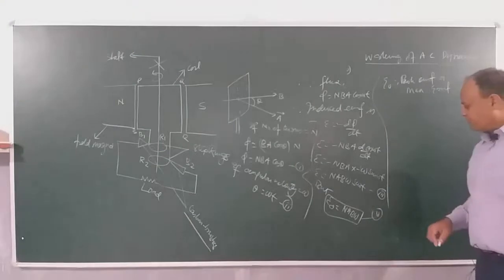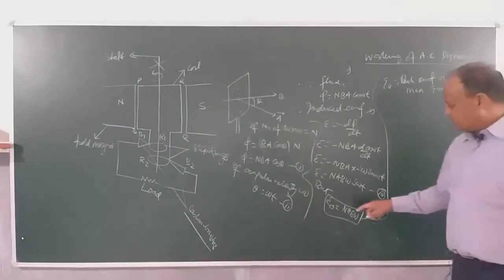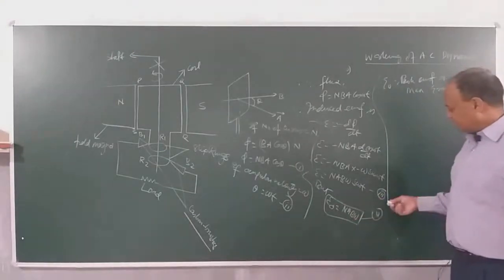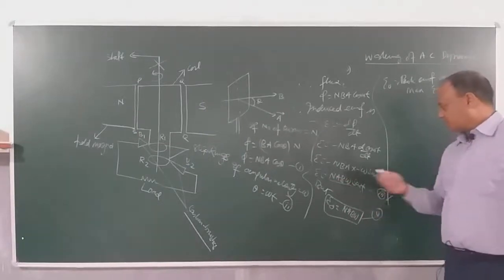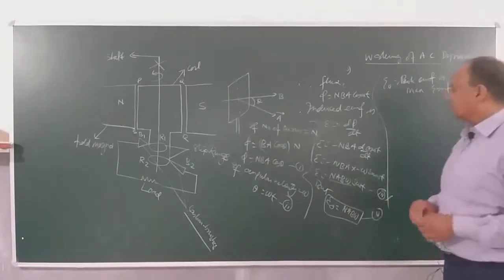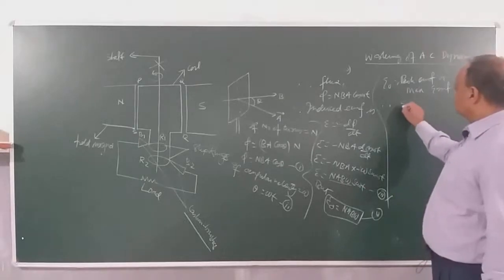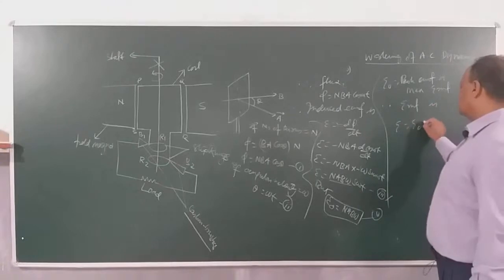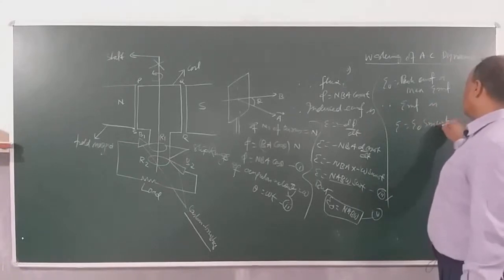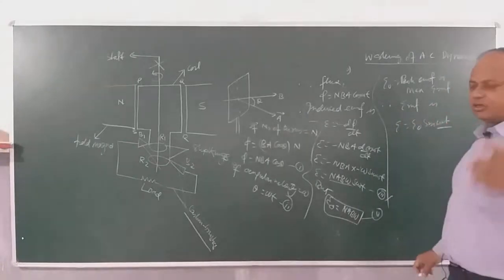So children, I can make equation 3 look more compact. I can write NAB omega as E naught. Therefore, EMF is equal to E naught sin omega t, where omega t is basically theta.